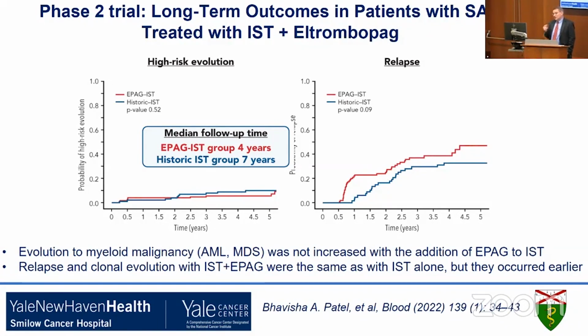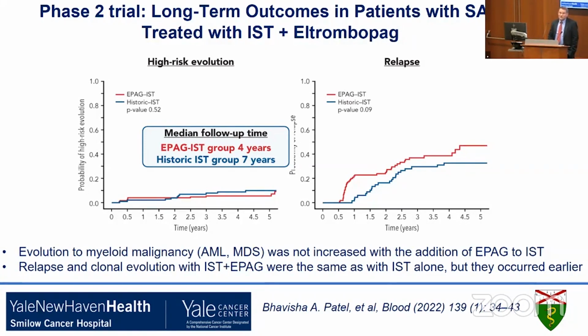The conclusion of this publication was that evolution to myeloid malignancy, MDS, was not increased with addition of eltrombopag to immunosuppressive therapy, and relapse and clonal evolution was the same. So perhaps clonal evolution occurred a little earlier with eltrombopag, because it does stimulate different stem cells, including the ones which have cytogenetic abnormalities in them.